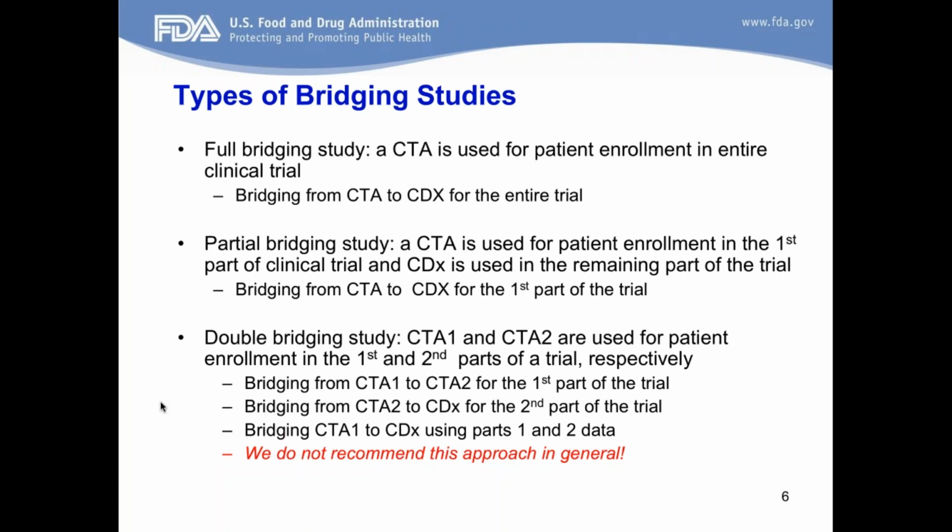And then the bridging will be very complicated. For example, you may need to bridge from CTA1 to CTA2 for the first part of the study, and then from CTA2 to CDX for the second part of the study, then bridge from CTA1 to CDX using both part 1 and part 2 of the study. So it is very complicated and not an efficient way to do it. So we do not recommend this approach in general. If possible, avoid this type of design.